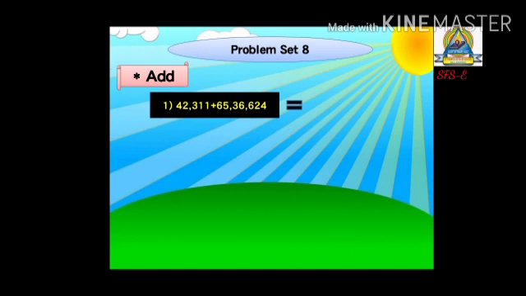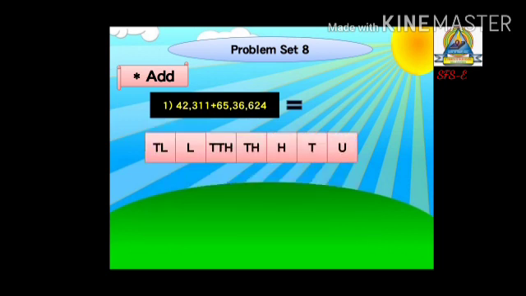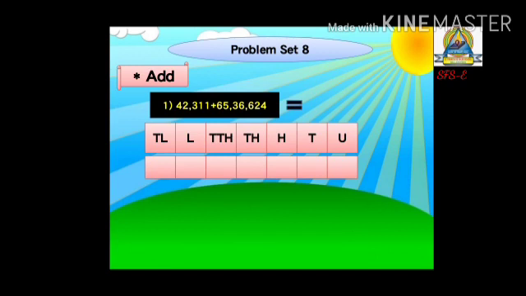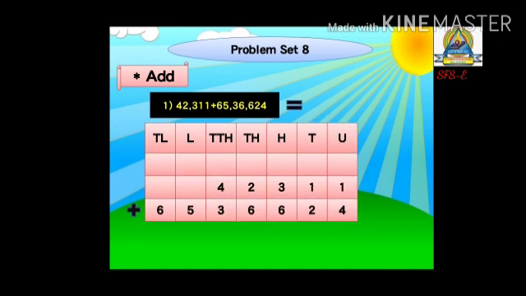Here first number is of 5 digits and second number is of 7 digits. So you are going to make a box like this way. Write down place names and then write down the sum. Each digit should be in their places. Okay, you all know how to write down the numbers in their particular box.